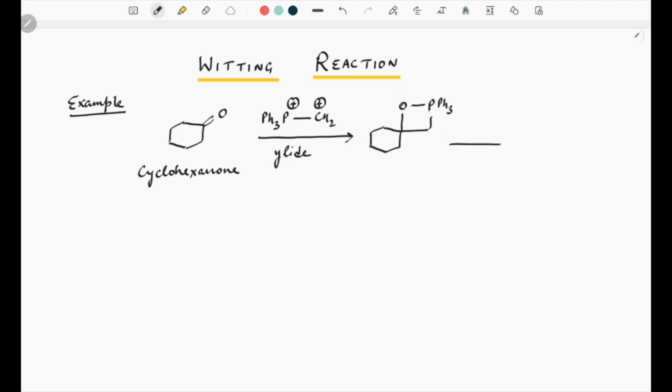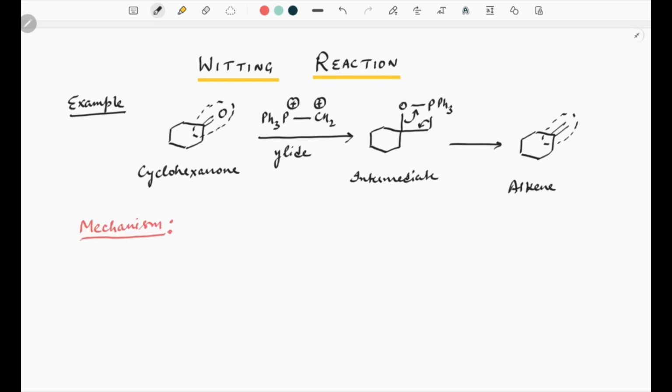Since this is an intermediate, it dissociates to give the final product, in which the carbonyl bond, this C double bond O, has been replaced by C double bond C. So, alkene is formed at the end.